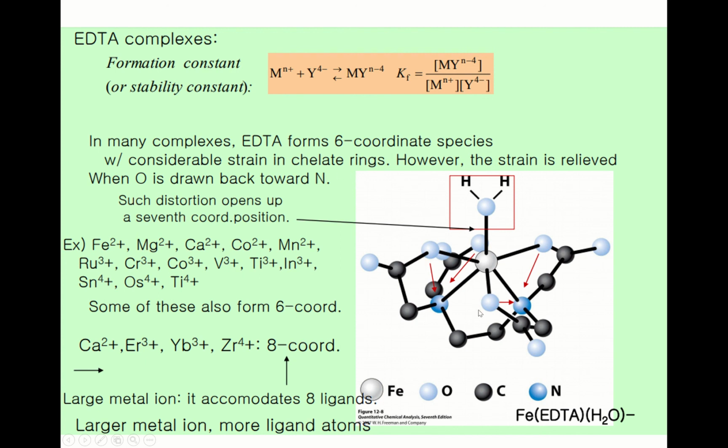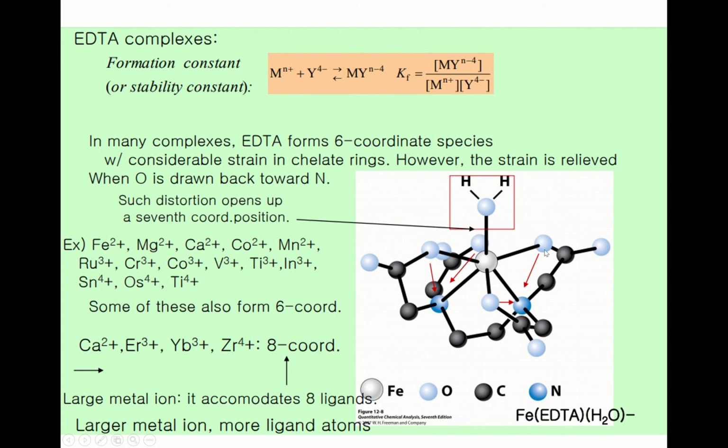To make a six coordinate species, the EDTA structure should be twisted, so there is sometimes a considerable strain in the chelate rings. However, the strain is relieved when the oxygen is drawn back toward the nitrogen.